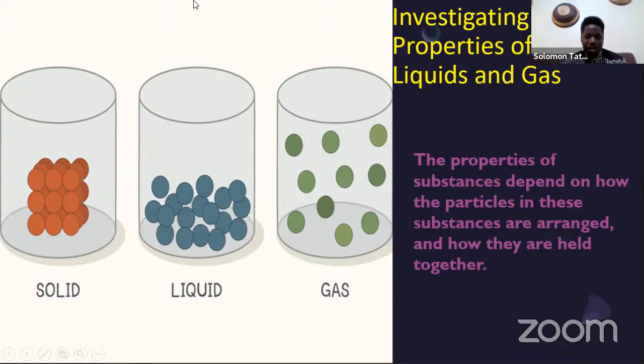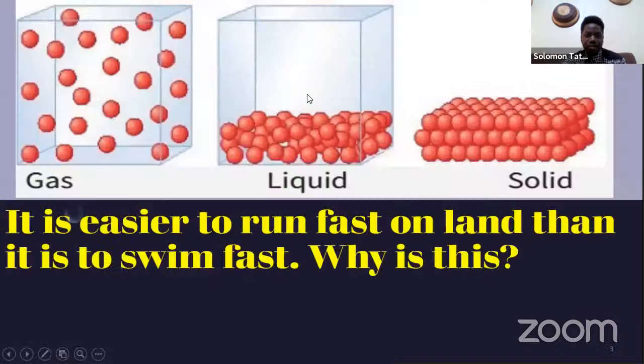It is important to remember that because it is what determines the properties of that substance. For example, it is easier to run fast on land than it is to swim fast.